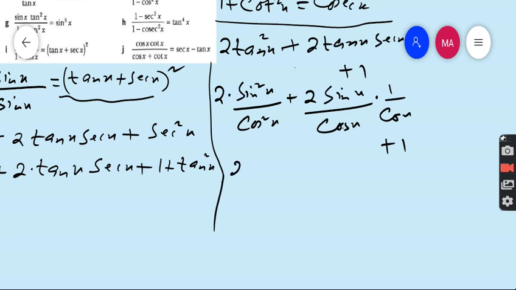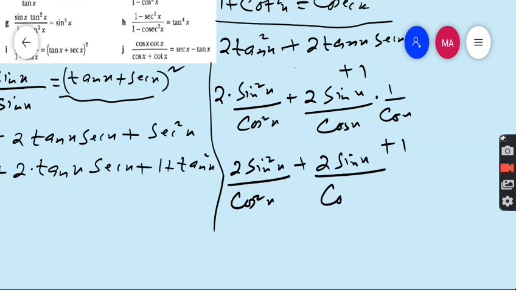So 2 sin square x upon cos square x plus 2 sin x upon cos into cos is cos square x plus 1.